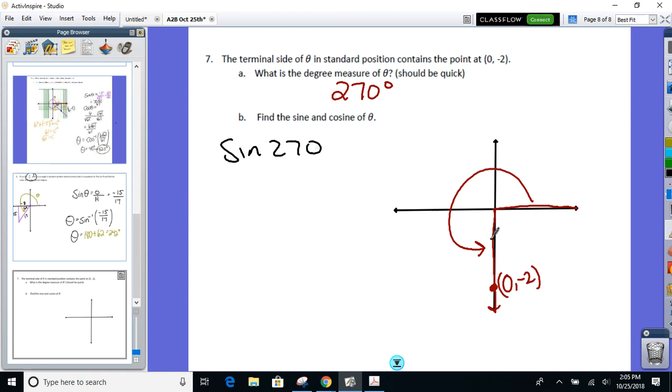So I can use 0, -1 to find the sine and cosine. What's the y coordinate? -1. And what's my x coordinate? 0. And worst comes to worst, what could I use? Your calculator. Yes, you can use your calculator. All right, if worst comes to worst.